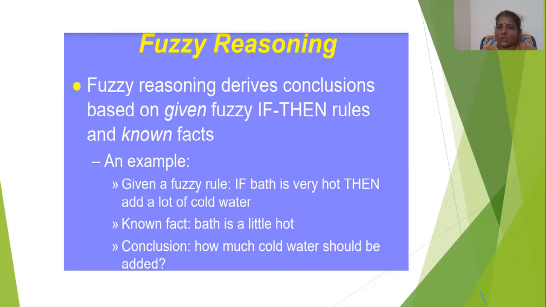That is the conclusion. How much cold water should be added to make the bath warm? Initially it is very hot, but you want to make it normal warm. So for that case, you need to go for a conclusion: how much water should be added to make it normal?